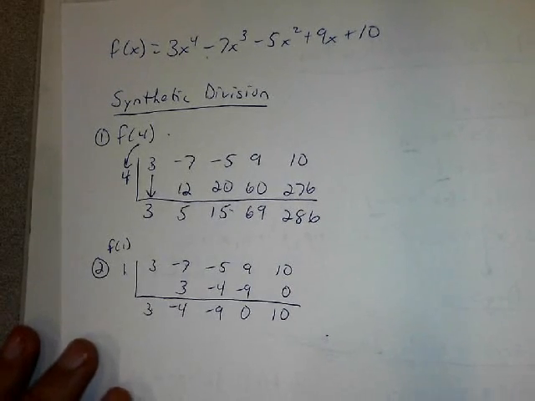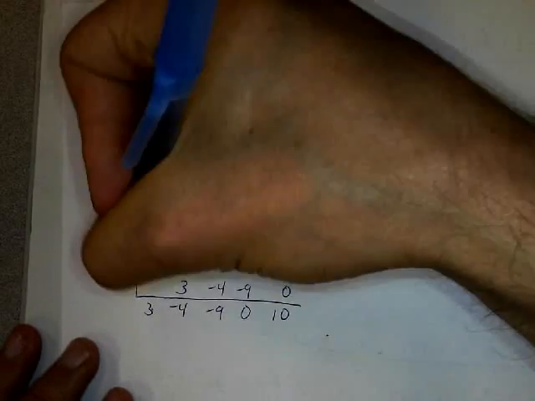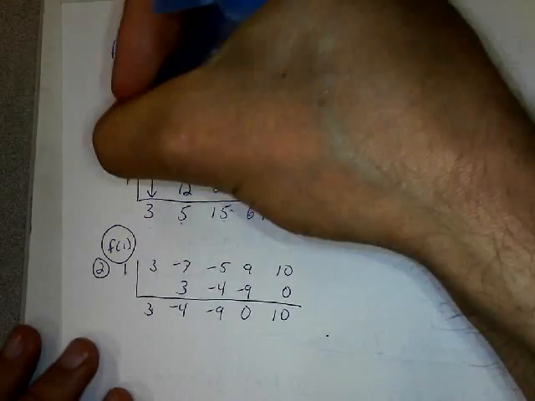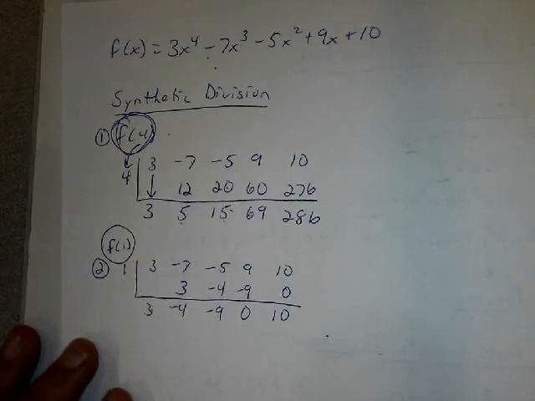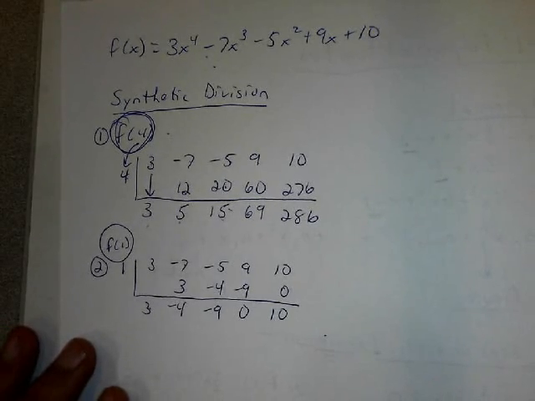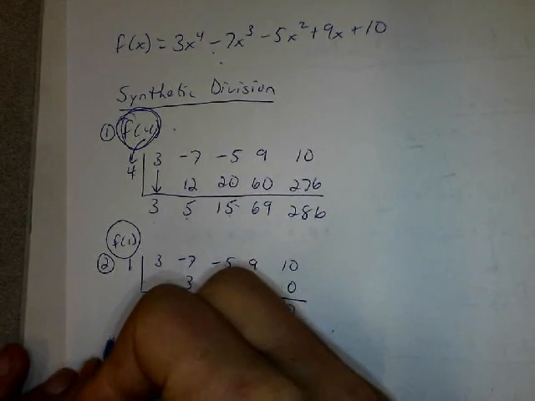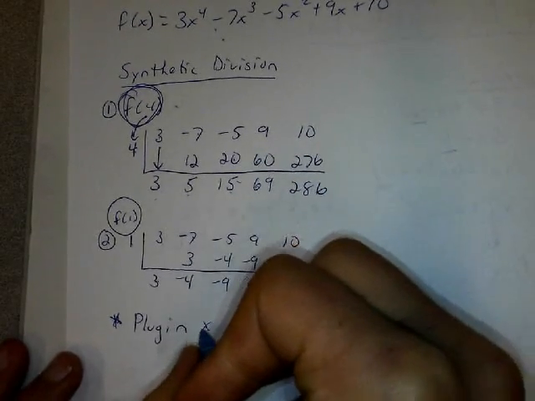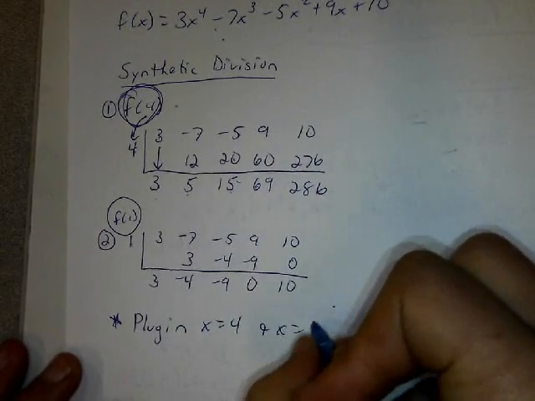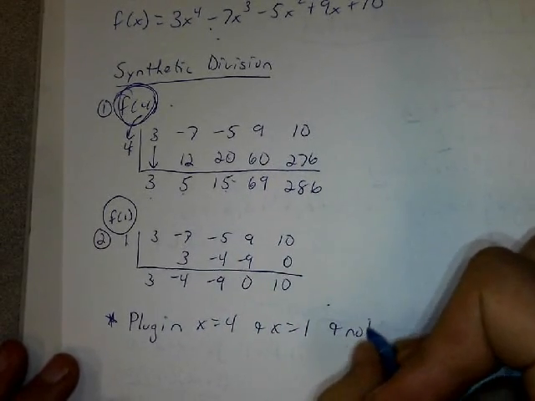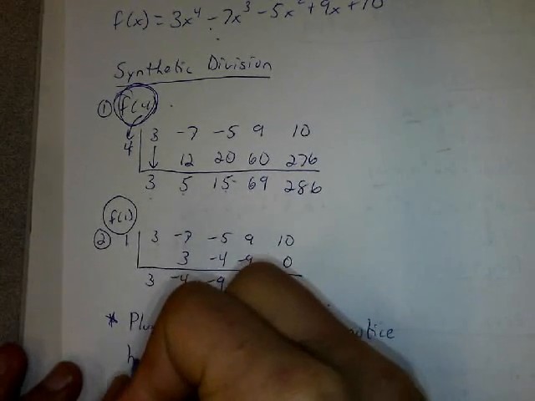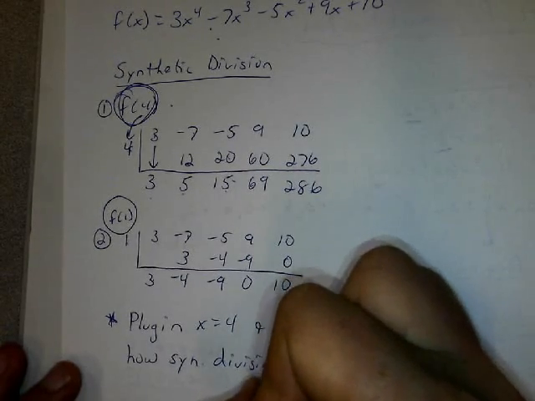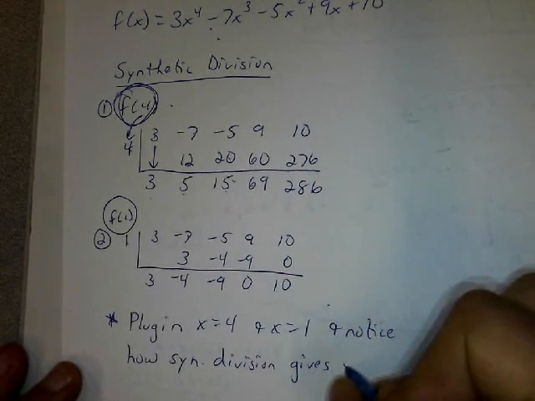What I'm leaving out is, how does that connect to this? We have here 1, 2, 3, 4, 5 numbers. But f of 4, if we plug in, we get a one number answer. So what I would say to you for tonight is to plug in x equals 4 and x equals 1, and notice how synthetic division gives you the answer.